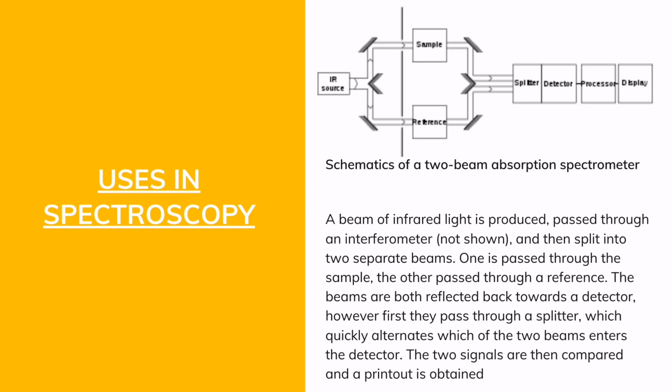One is passed through the sample and the other is passed through a reference. The beams are both reflected back towards a detector. However, first they pass through a splitter which quickly alternates which of the two beams enter the detector. The two signals are then compared and a printout is obtained.